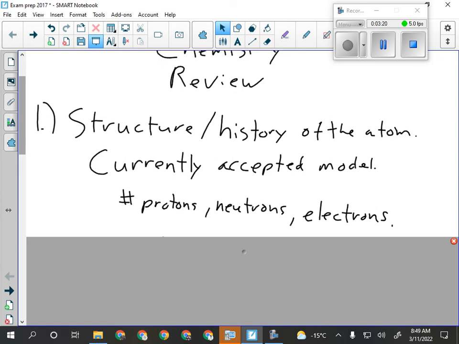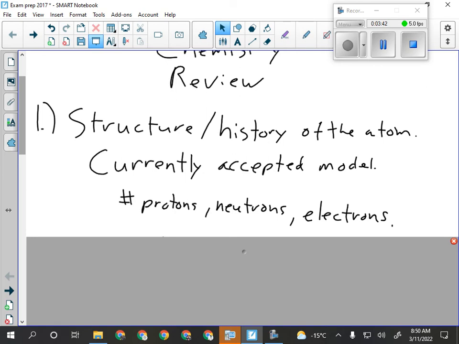The proper model, all the particles, so protons, neutrons, and electrons, with the right numbers of particles in the right places. So make sure that when you draw your correct number of protons, they all go in the nucleus. When you draw your correct number of neutrons, they all go in the nucleus. And so on. Everyone follow me there?